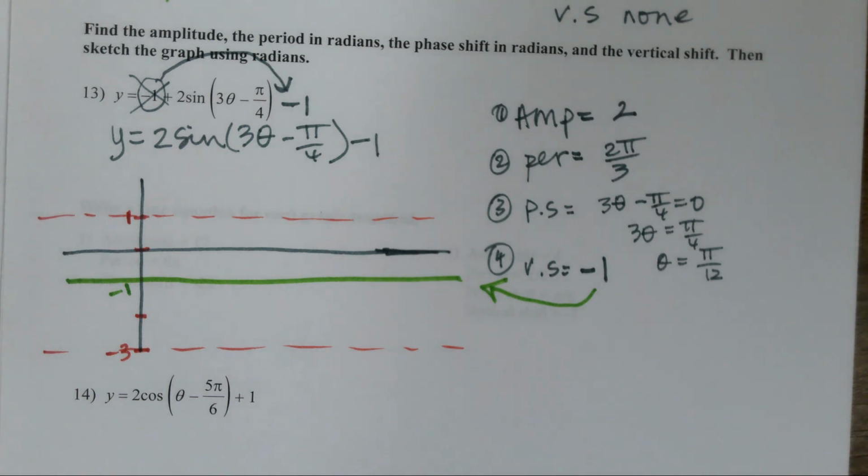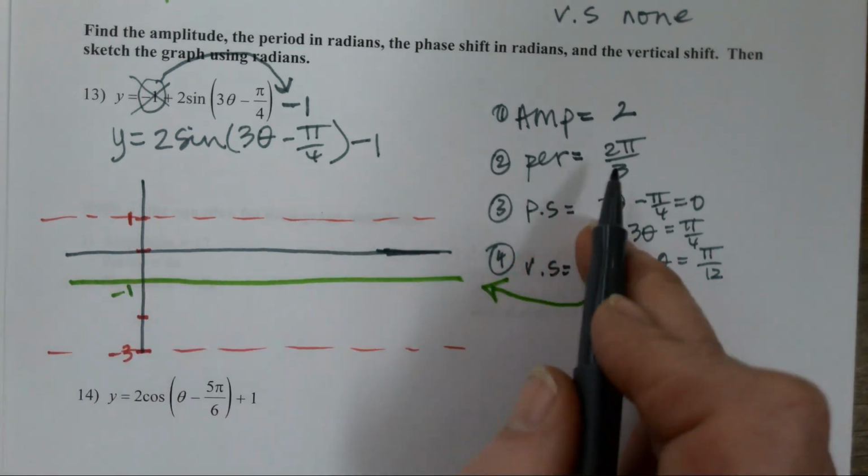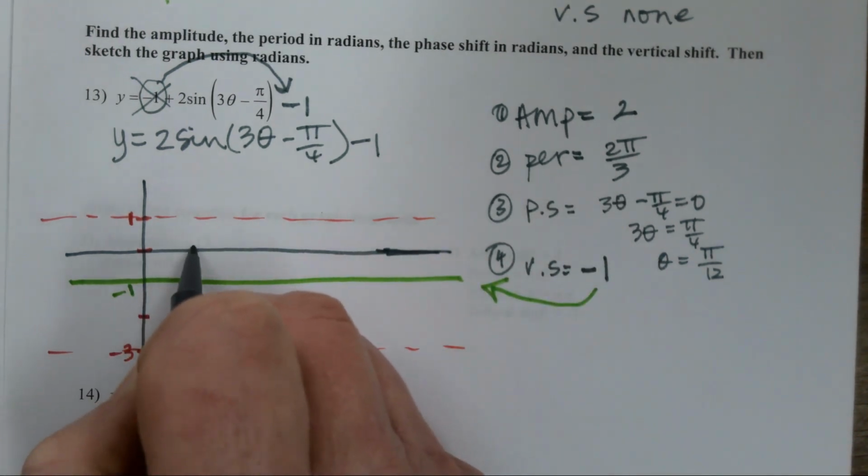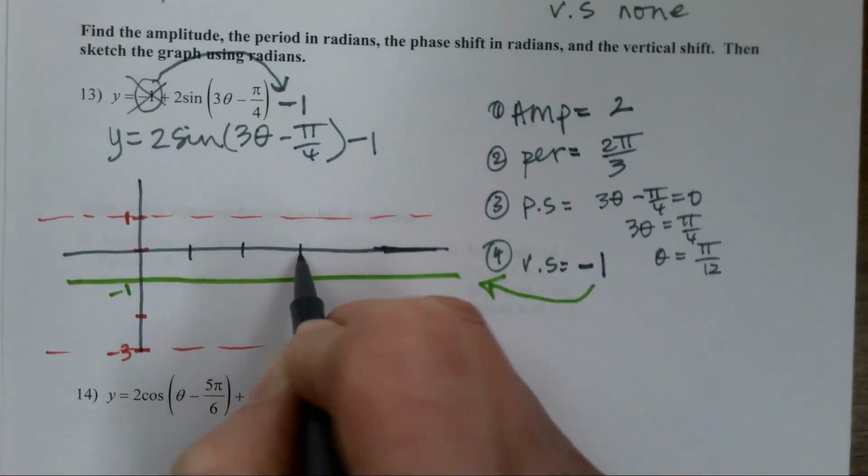Sometimes your vertical shift is going to be so low or so high that your graph won't even go above or across the x-axis. Okay? So you've got to get that in and then take your amplitude from there. So I've got that in. Now I need to go back and do that period. I'm going to do it on the original graph, and then I'll take my shift from there.